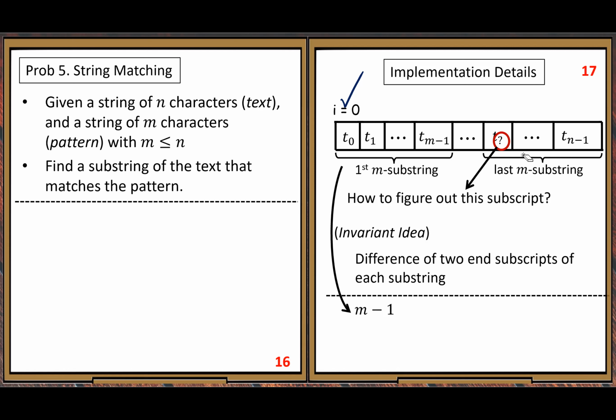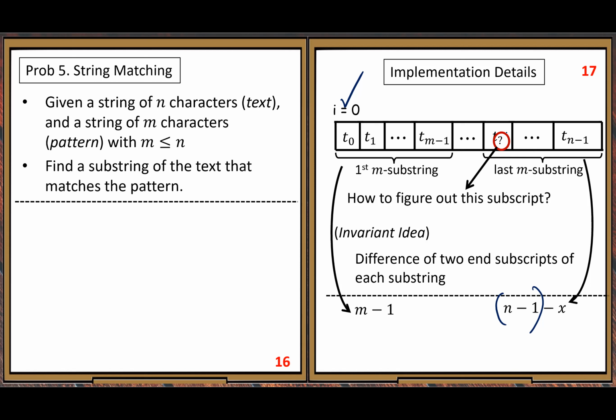So what's that? N minus 1 minus 0. So N minus 1 is the difference. For the last one, the subscript of the right end is N minus 1, but we use X to represent the question mark, the left subscript.